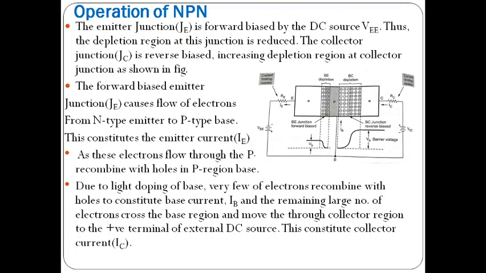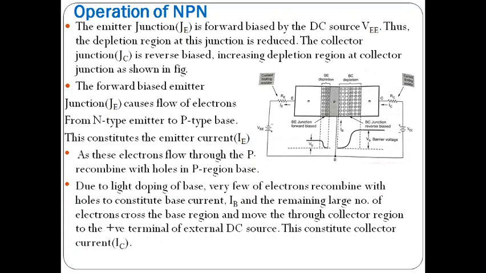Now coming to the collector junction, the collector is made up of n-type material. To make this junction reverse biased, we need to apply the positive potential. So the collector n-type material is connected to the positive of the battery and the base is connected to the neutral of the battery. Clear? So the emitter junction is forward biased by the DC source VEE.